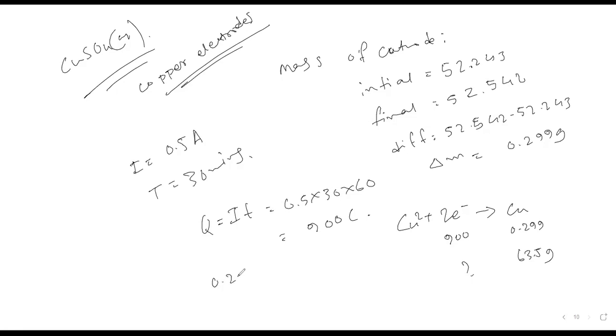So 0.299 gram gives 900 coulomb of charge. That means 1 gram will cause 900 divided by 0.299 charge to flow.